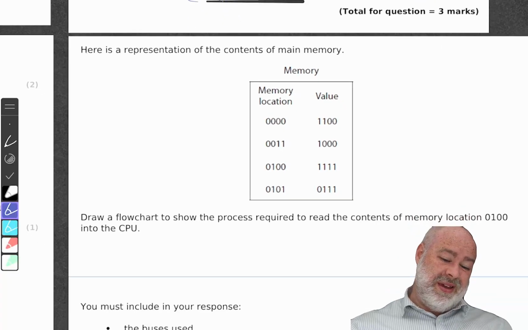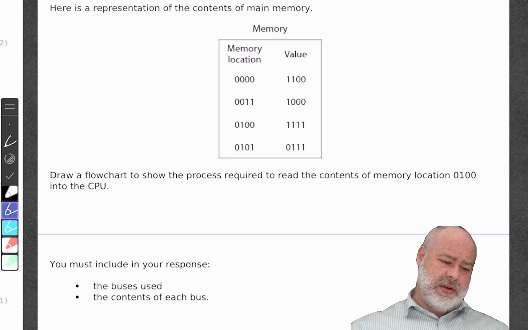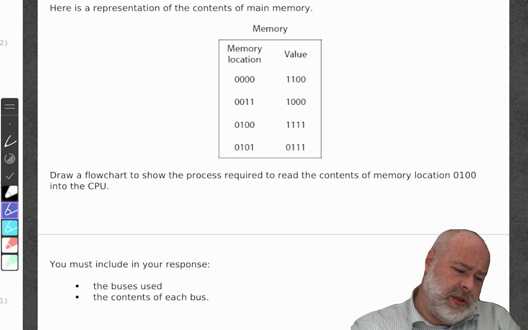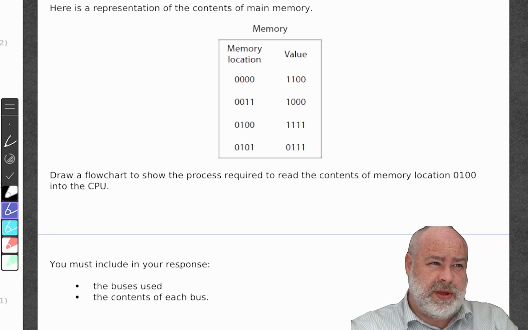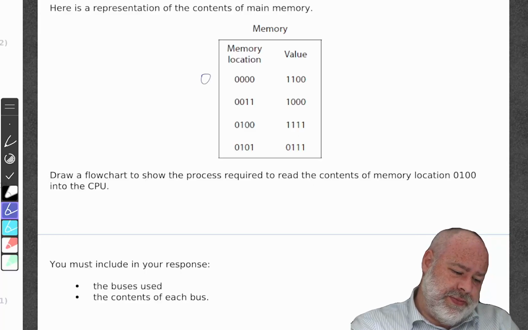Now this is going to be a tricky question. I think it already looks a little bit tricky for my liking, but let's try our best to do it. So here's a representation of the contents of main memory. So rather than having the sort of simplified version I did, well, let's just say that's 0, and that is 3 in binary, and that's 4, and that's 5.